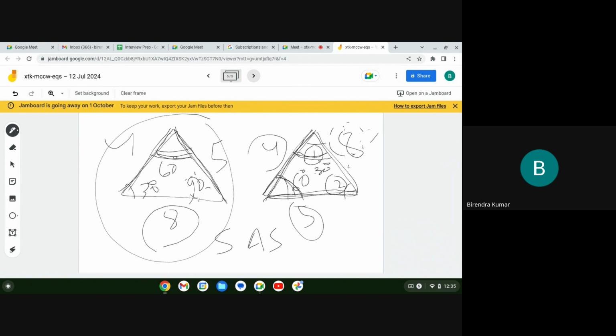And this is the angle between 5 and 8. What is the angle between 5 and 8? 90 degrees. So this will also be 90 degrees. Or you could always look at it this way: two angles you have already got, 60 and 30, so the third will be 90.